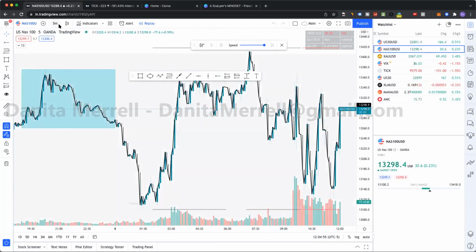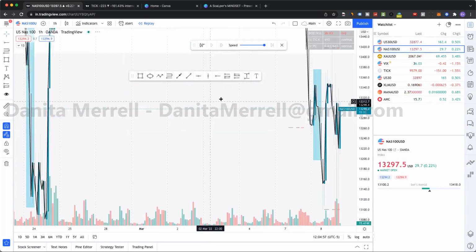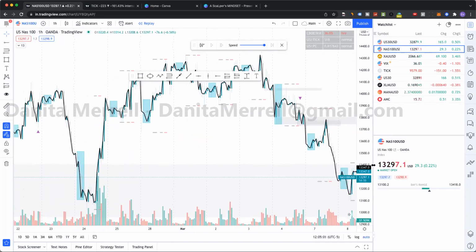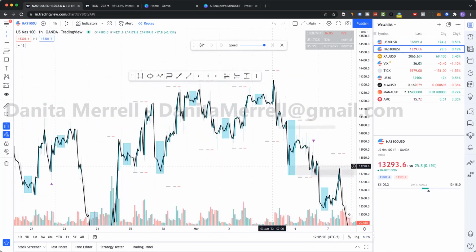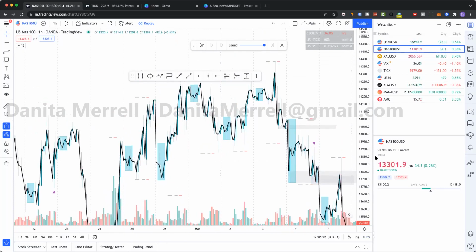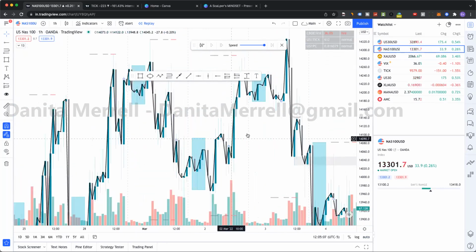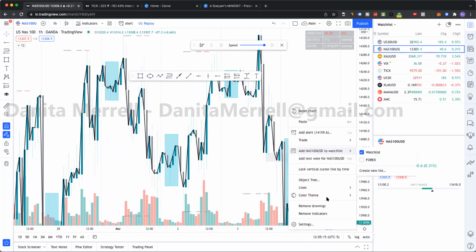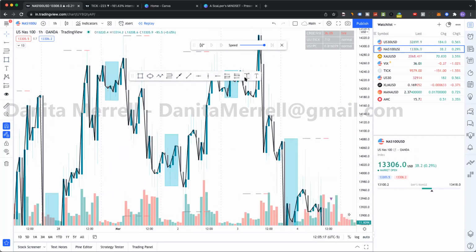Let's go back to NASDAQ and see what else we can find, if we can find any other examples. Let's see. Okay. So here we can see one, even though it didn't last, but you still got, this is scalping, so we still get a move because we're not looking for huge movements, remember.